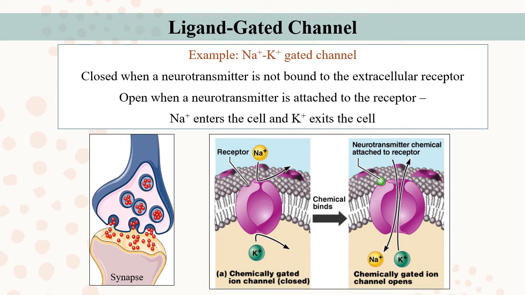But when the nerve terminal is excited by the electrical stimulus, what happens? The vesicles carrying neurotransmitter are forced to release their content into the synapse, and the neurotransmitters serve as a ligand and bind to the sodium-potassium channel in the postsynaptic cell.